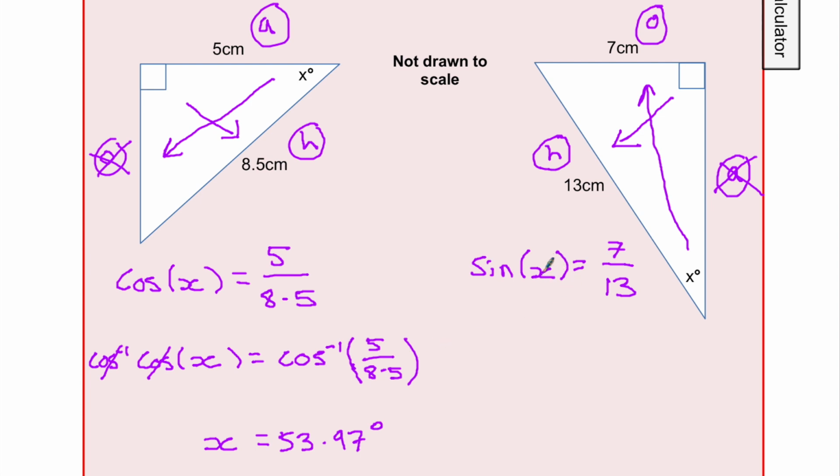Now I just need to get X on its own, so I need to get rid of sine. Just like with cos, where the inverse of cos was inverse cos, the inverse of sine is just inverse sine. So I inverse sine both sides here.